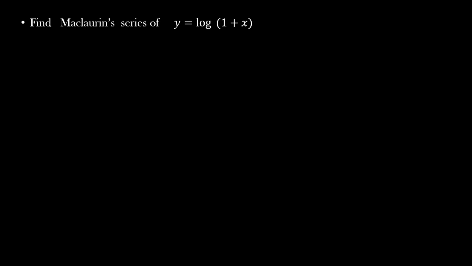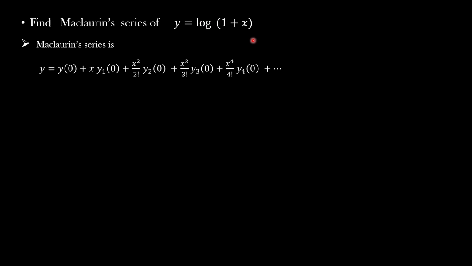Find Maclaurin series of y is equal to log of 1 plus x. Since Maclaurin series is given by y is equal to y of 0 plus x into y1 of 0 plus x square by 2 factorial into y2 of 0 and so on. Since y is equal to log of 1 plus x implies y of 0 is equal to log 1, which is equal to 0. To get y1, differentiate log of 1 plus x with respect to x, and derivative of log of 1 plus x is 1 divided by 1 plus x.